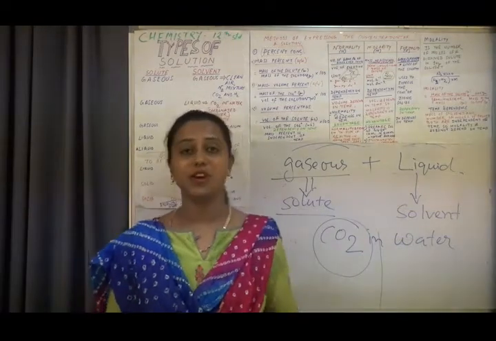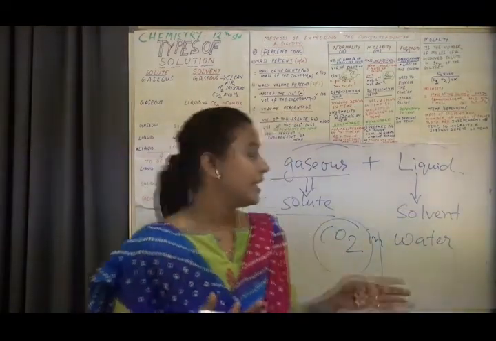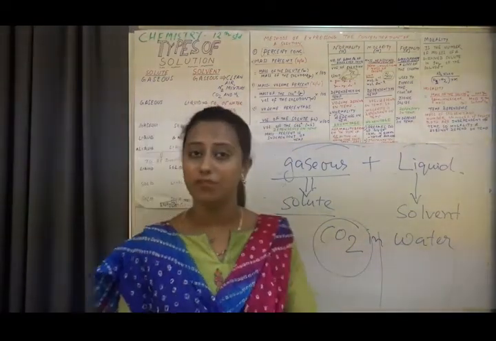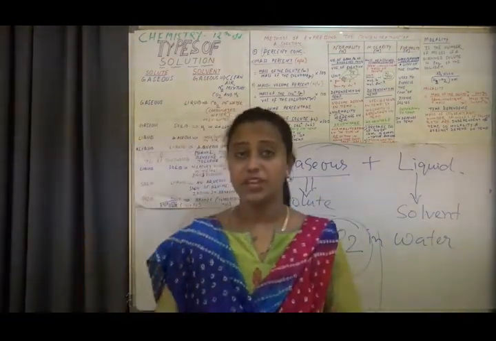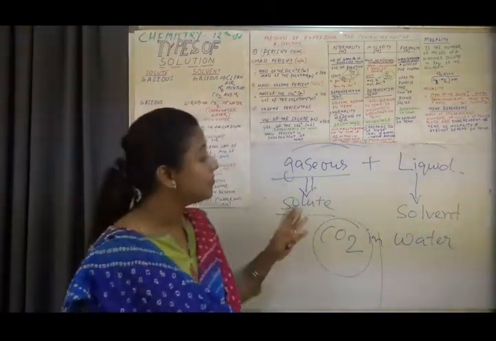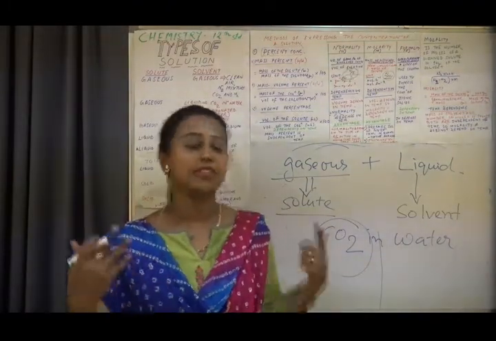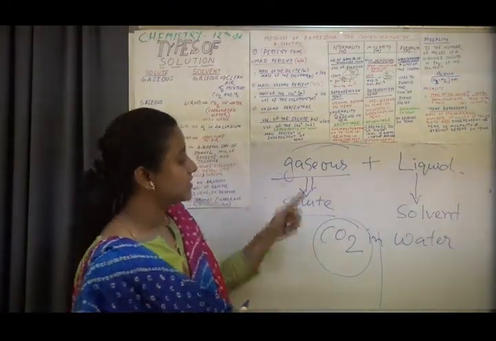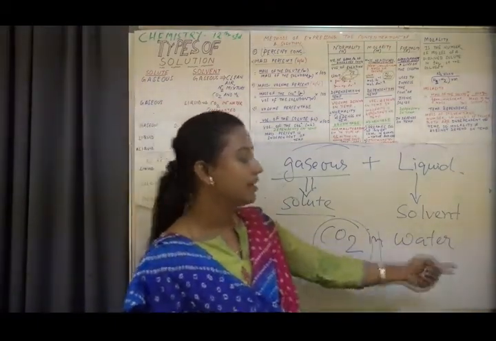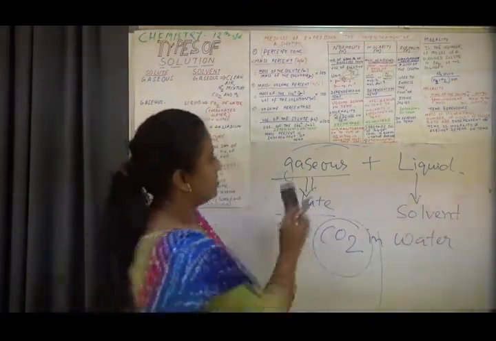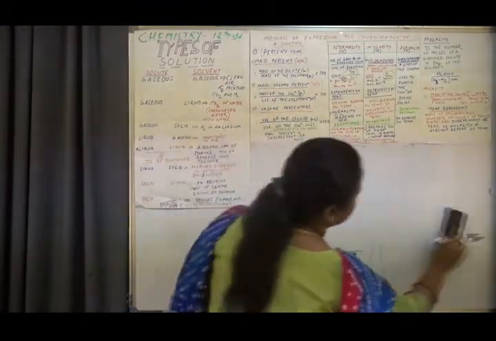Carbon dioxide does not generally dissolve in water, but when it is under great pressure, it dissolves in water and forms a solution. So in this case, the gaseous solute is carbon dioxide and the water is the solvent. This one is the second type.